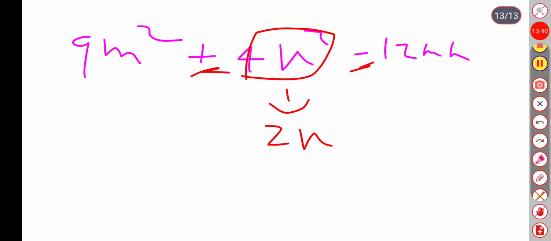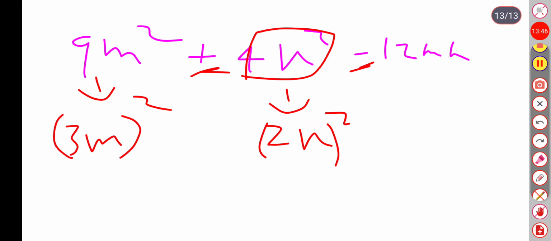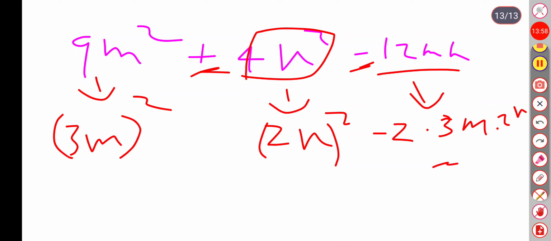This could be written as (2n) the whole square. Now 9m square could be written as (3m) the whole square. Minus 12mn could be written as minus 2 into 3m into 2n, right? Minus 2 into 3 is minus 6, minus 6 into 2 is minus 12, m into n, mn. So we could use (a minus b) the whole square to factorize this.